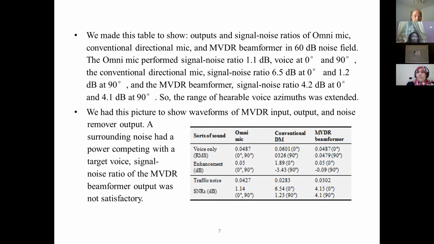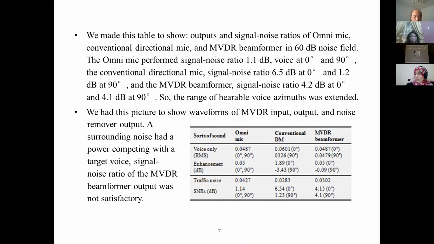The conventional directional mic had signal noise ratio 6.5 dB at 0 degrees and 1.2 dB at 90 degrees. And the MVDR beamformer had signal noise ratio 4.2 dB at 0 degrees and 4.1 dB at 90 degrees. So the range of hearable voice directions was extended. This is what we want.